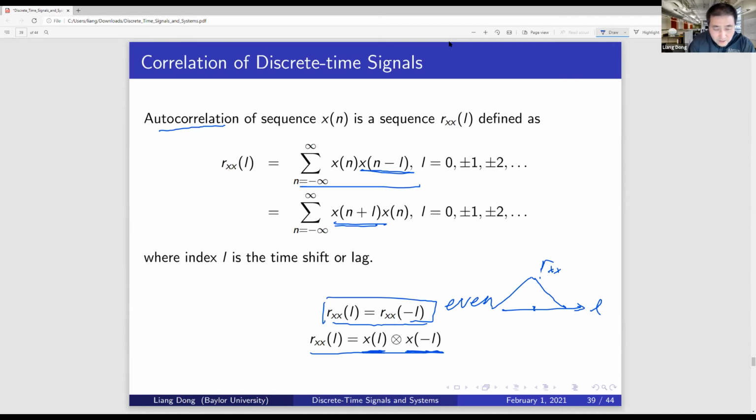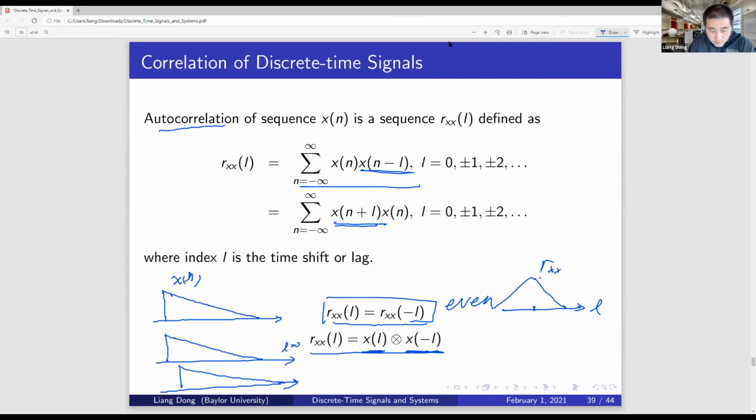Let me make it easier. Let's look at a signal like this. This is my original signal X[n], and I take the signal itself and put it here, exactly lined up where L equals 0. I'm doing a correlation: every point multiplied, and I get a result. Then I can shift it by 1.